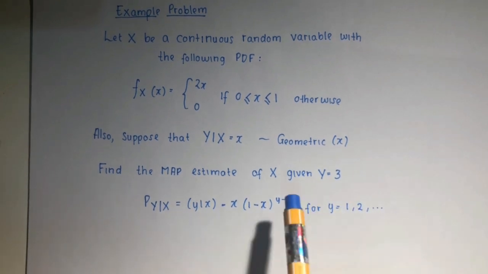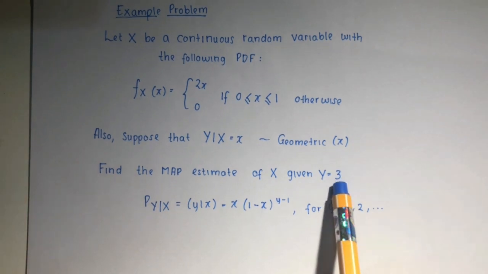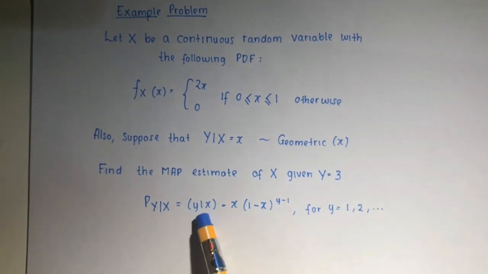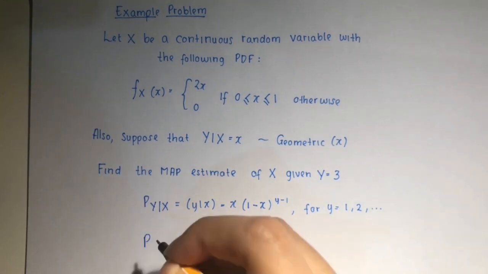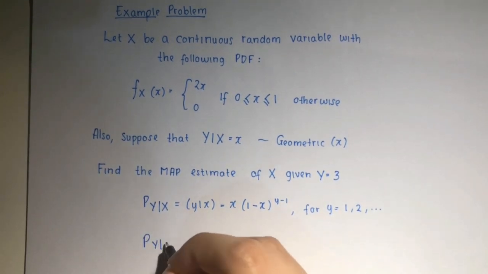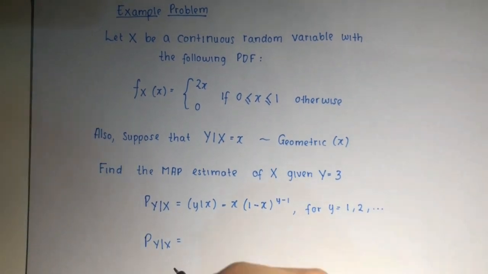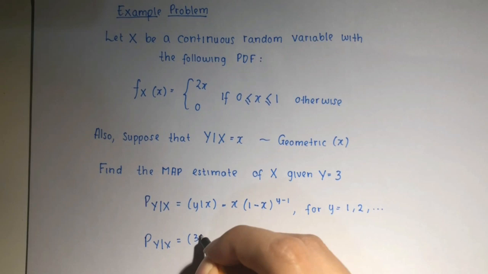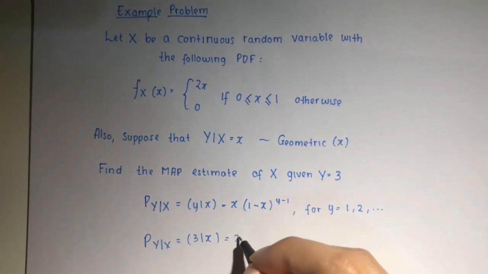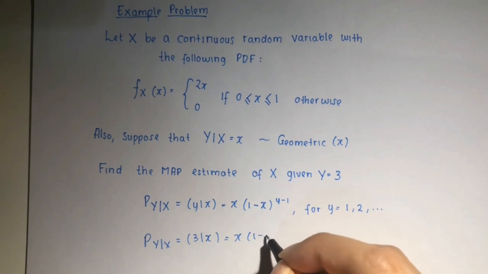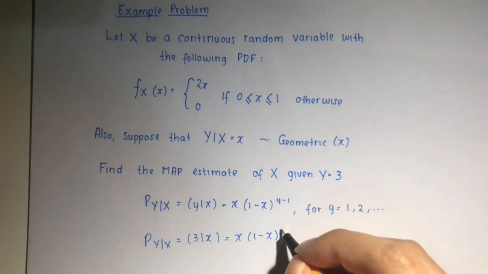And we know that y equals 3, so we substitute y with 3, and we get the probability of y given x equals 3 is x times 1 minus x to the power of 3 minus 1, which is to the power of 2.